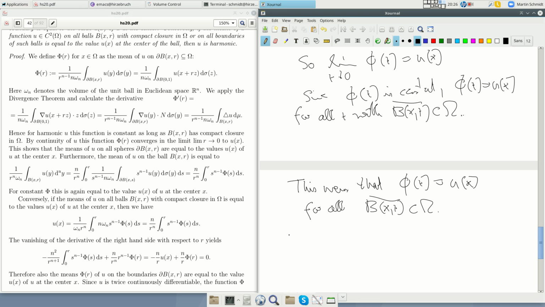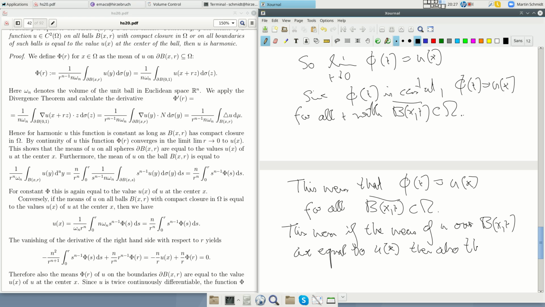So this means if the means of u over the balls are equal to u of x, for all radii such that and so on, then also the means over the boundaries of the balls are equal to u of x.